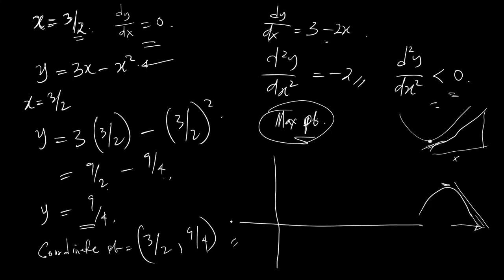To make a sketch, here is the y-axis, here is the x-axis. At the point where y is equal to 0, that is on this axis. So at that point, you have x equal to 0 and another one x equal to 3.